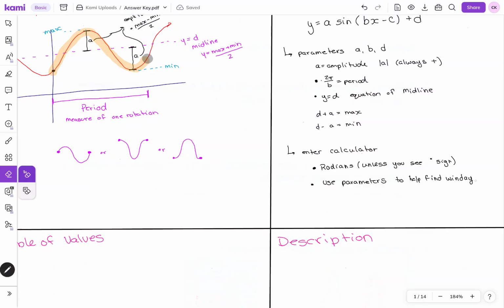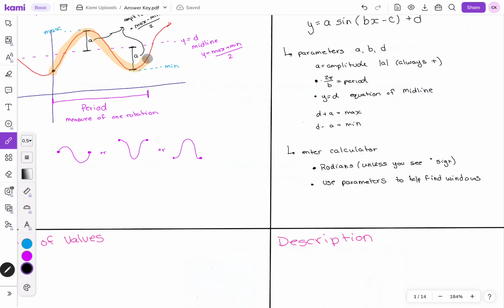Wow, I cannot write. Okay, to help find your windows. Because I know my max, so my y max should be bigger than my max, and my y min should be smaller than my min. Period tells you, if I want to see one full cycle, how big do I have to make x? So use this information to help you.